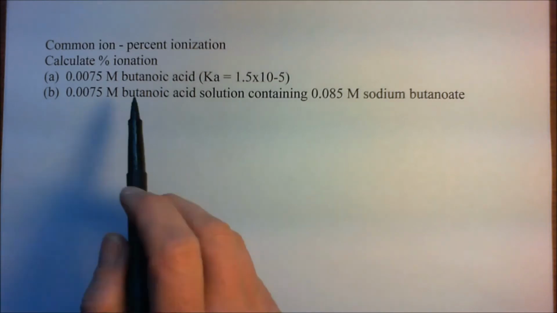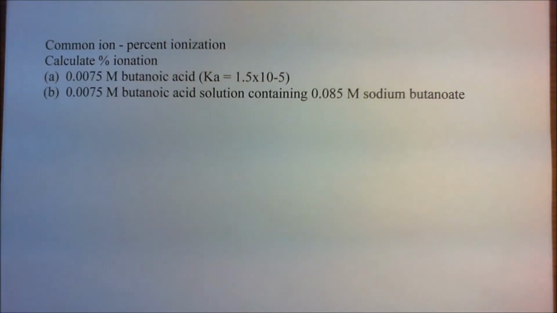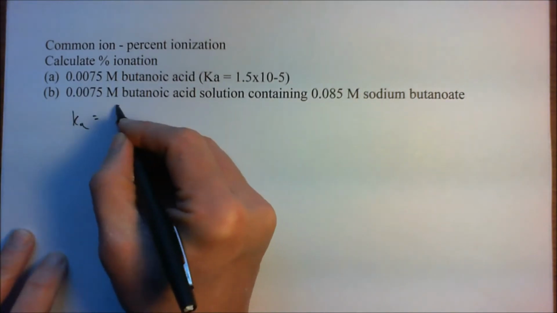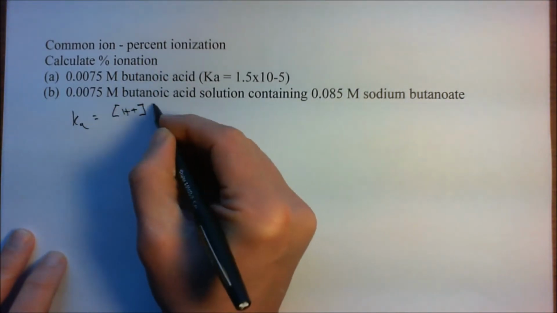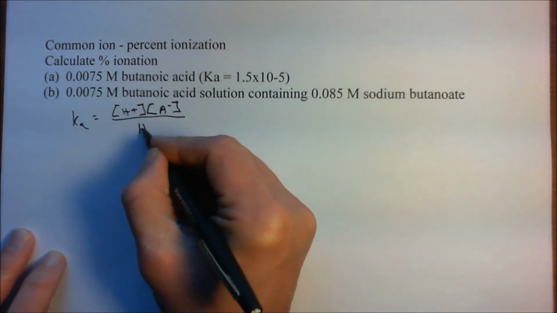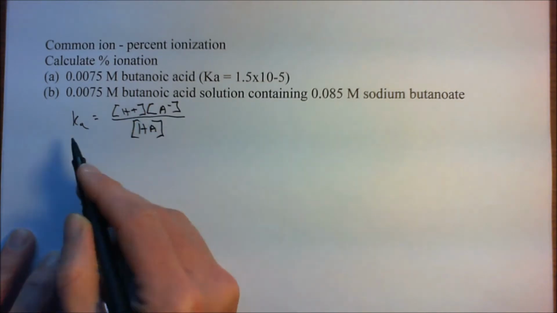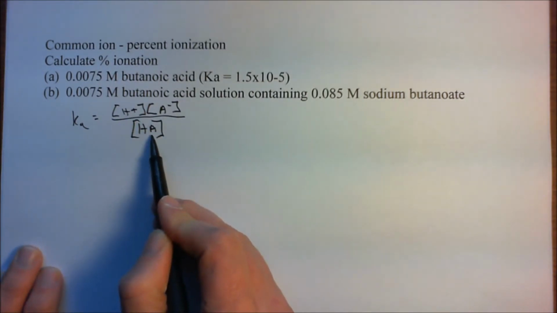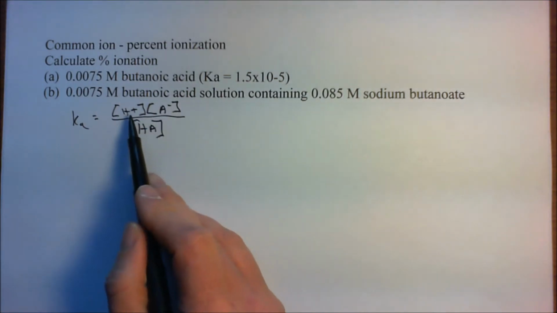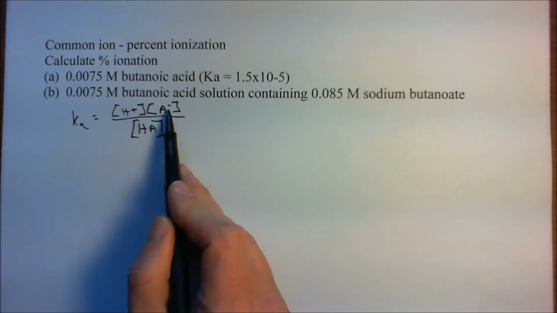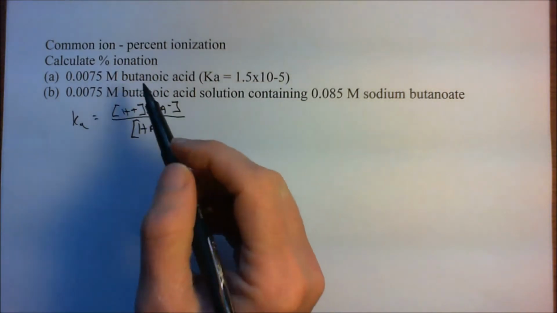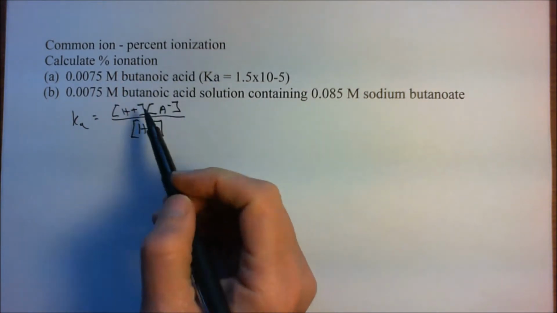Well, first off, let's just go ahead and calculate the percent ionization of part A. If you recall, Ka looks like this. This is the generic form of Ka. The non-dissociated acid is your reactant, and here are the products on top, which are your H plus and your conjugate base, the A minus. We're given the butanoic acid right here, which is undissociated.